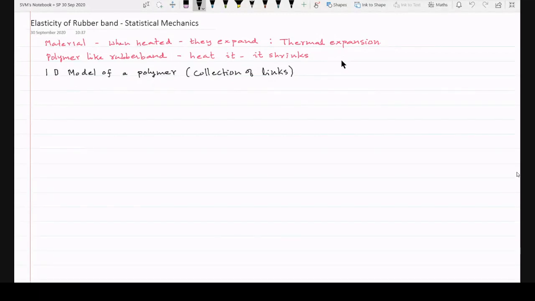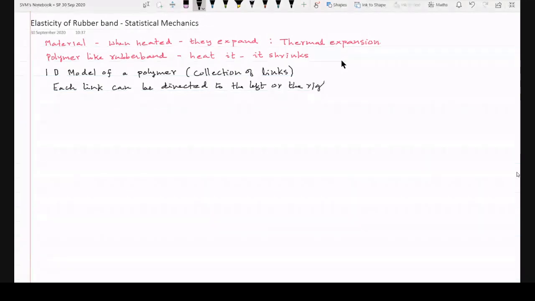Now, in the 1D model, each link can be directed to the left or right. Even though this is a 1D model, I'm going to draw this picture using one more direction so that you will understand.